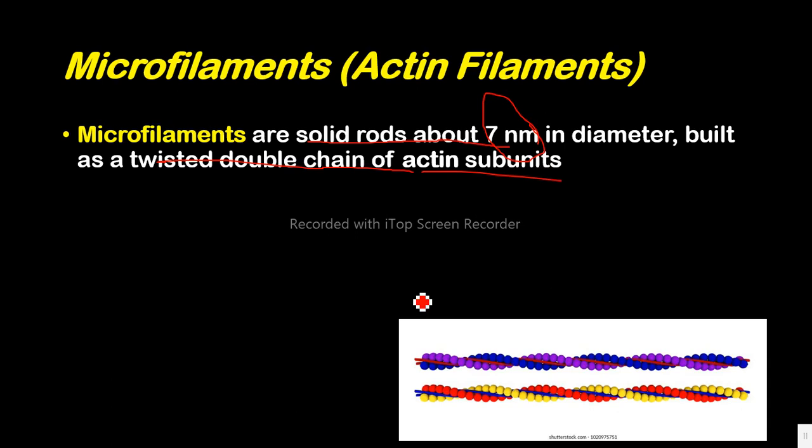All these are fibrous proteins. However, the difference is these ones are tiny, small, and they are highly twisted actin subunits, to form what we call the microfibrils or the microfilaments.